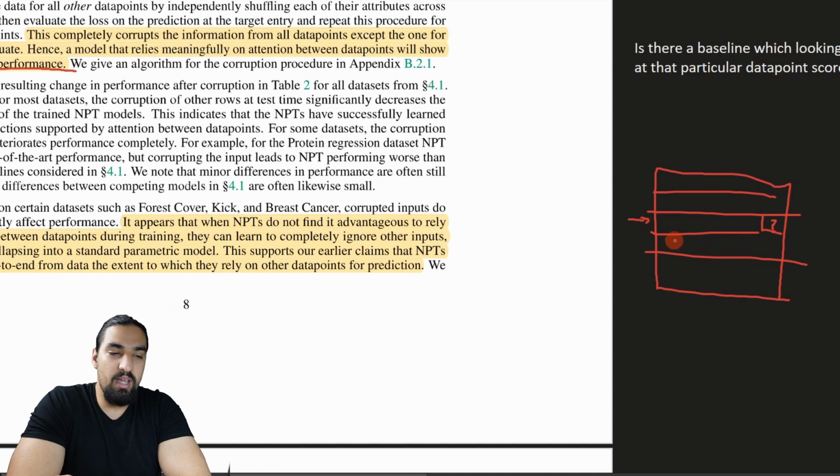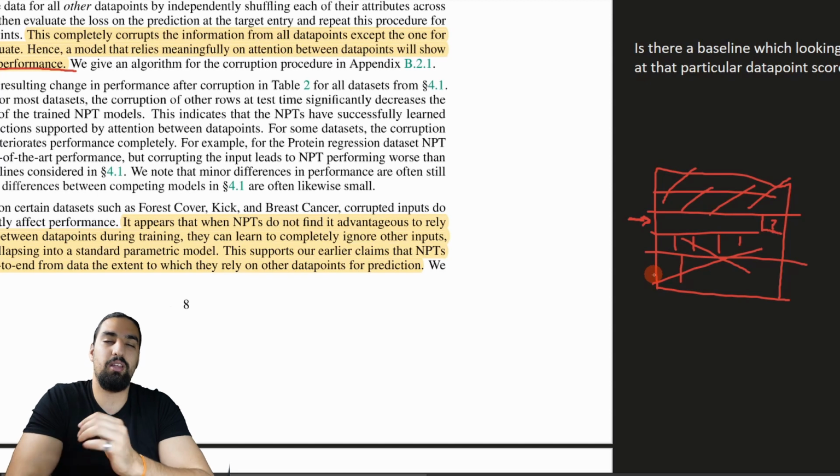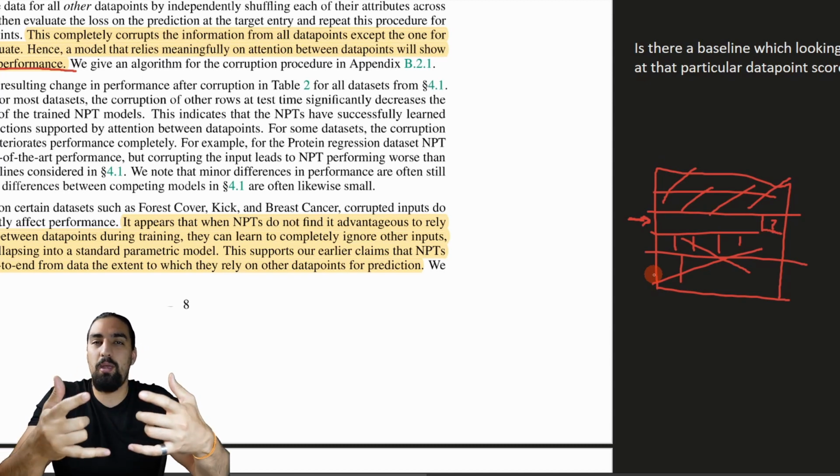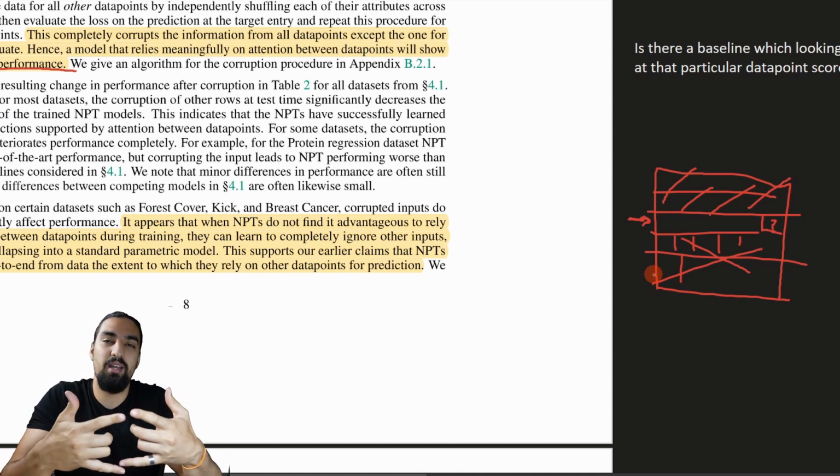What they do is shuffle all of the attributes of all of the other data points. That means this feature vector can't be matched with other feature vectors now, so you can't use the mechanism we just described, which is matching the vector, finding, maybe, I don't know, maybe it learned to do cosine similarity.